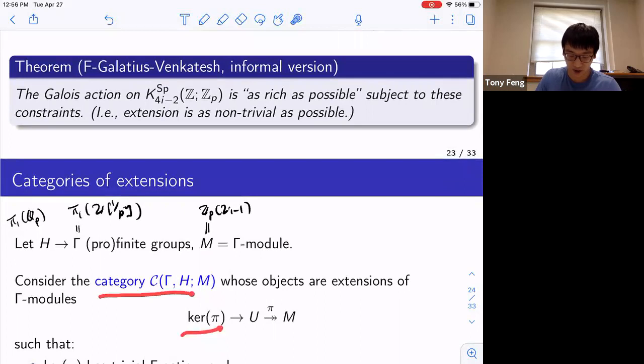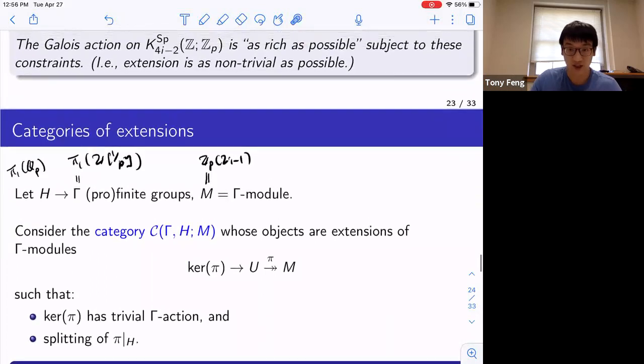So we make a category C_{gamma,H,M}, whose objects are extensions of gamma modules. Let's call the total space of the extension U, so it has a surjection to M, and we demand that the kernel has a trivial gamma action.